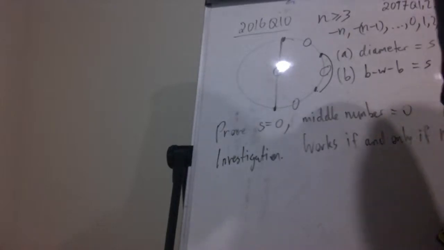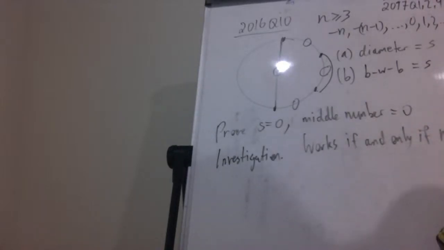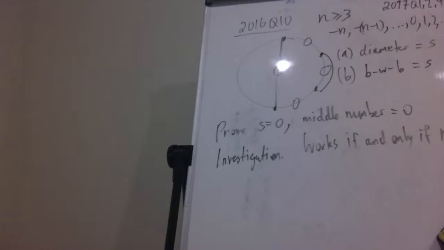One thing is that every diameter is equal to S, right? So that means every diameter is equal to the same thing. Since the center doesn't change the total of S, it doesn't affect how the edge works.